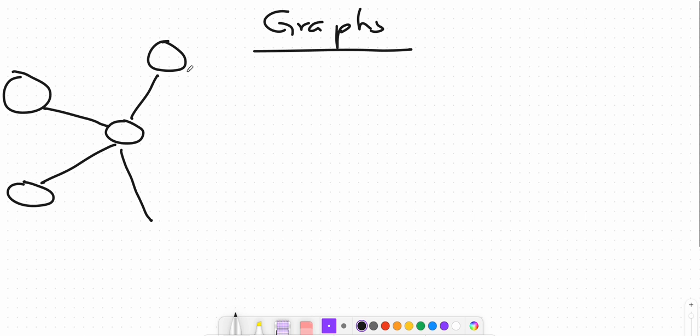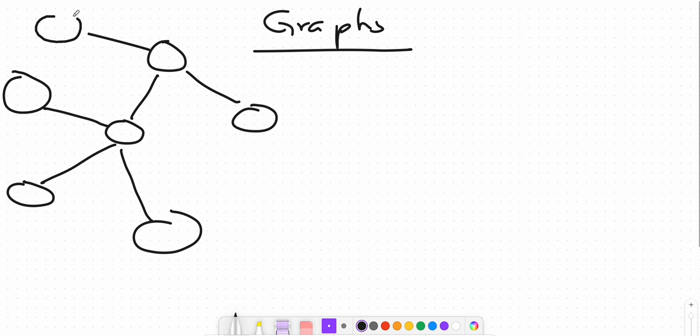Usually, a graph data structure is represented something like this. Graph can be represented like this, with 1, 2, 3, 4, 5, 8, 9, right?